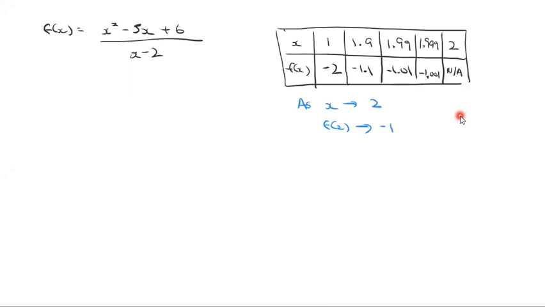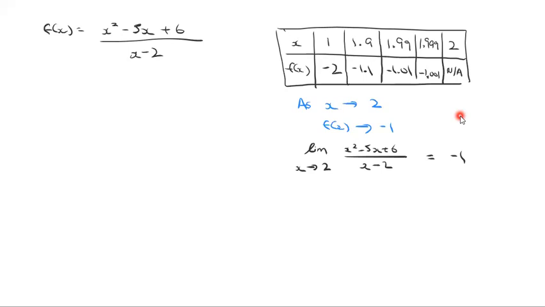So therefore, we can basically say the limit of x squared minus 5x plus 6 over x minus 2 as x approaches 2 equals negative 1. Does that make sense? We're not doing things very formally at the moment, we're just subbing in numbers.